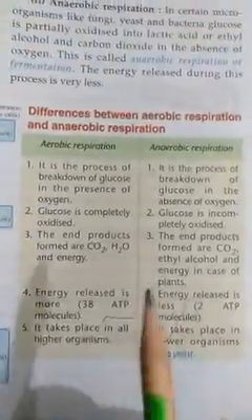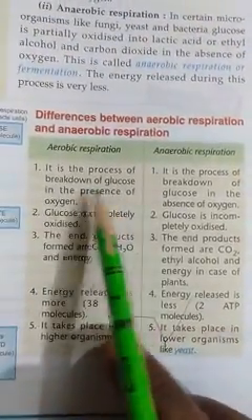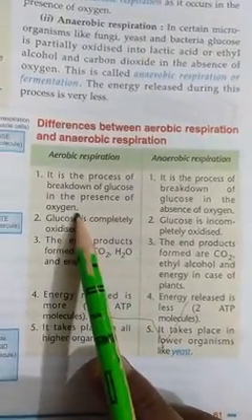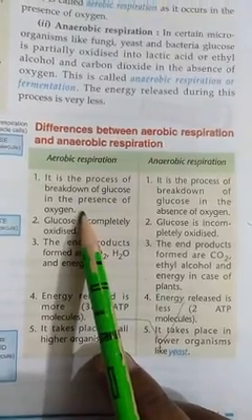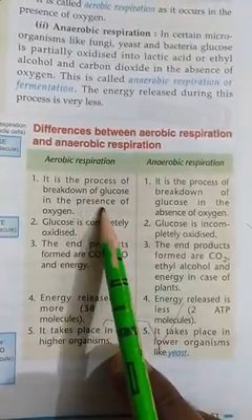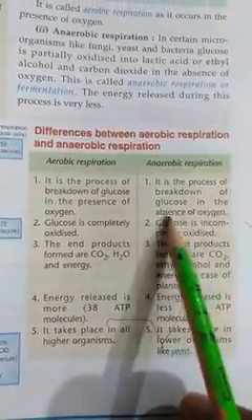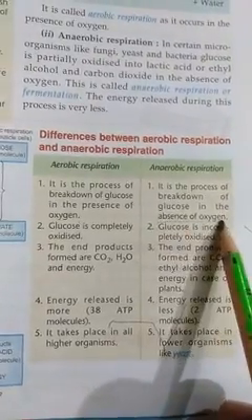Let's start. Aerobic respiration is the process of breakdown of glucose in the presence of oxygen, and anaerobic respiration happens in the absence of oxygen.